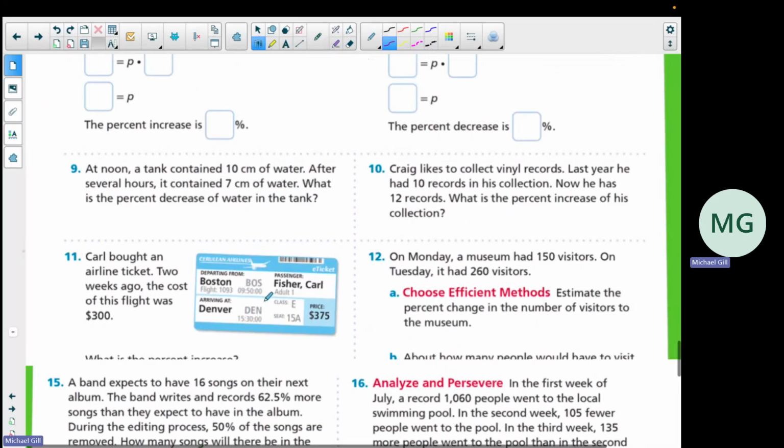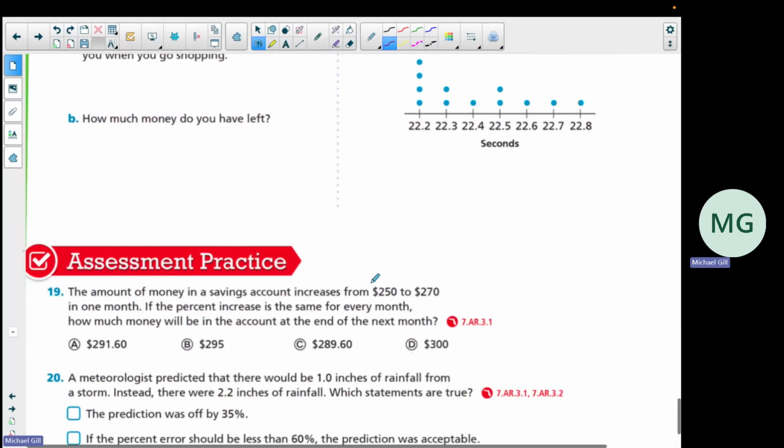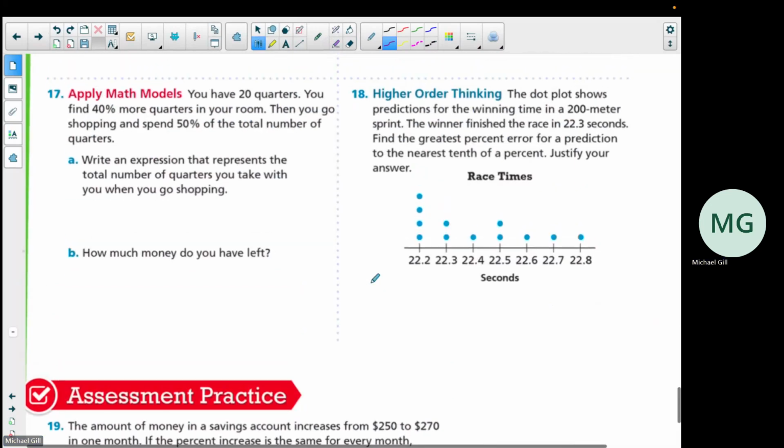I know I saw one percent increase. Anytime it says percent increase or decrease, that's just percent change. Where in the world are all the percent error problems? Here we go. Percent error.